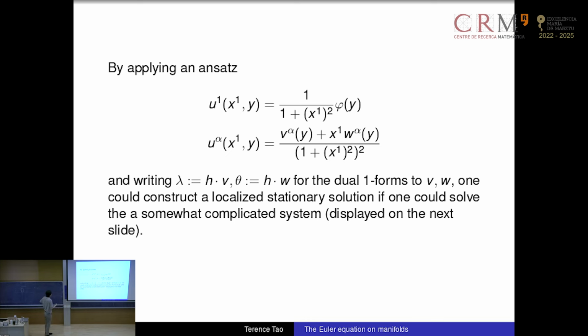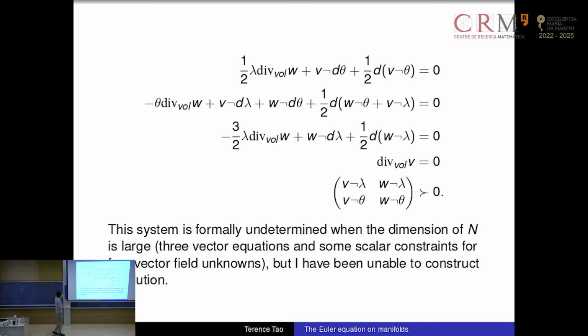And if you want, you can introduce this. So you plug into this model equation, and you get this system. So you have these two velocity fields.